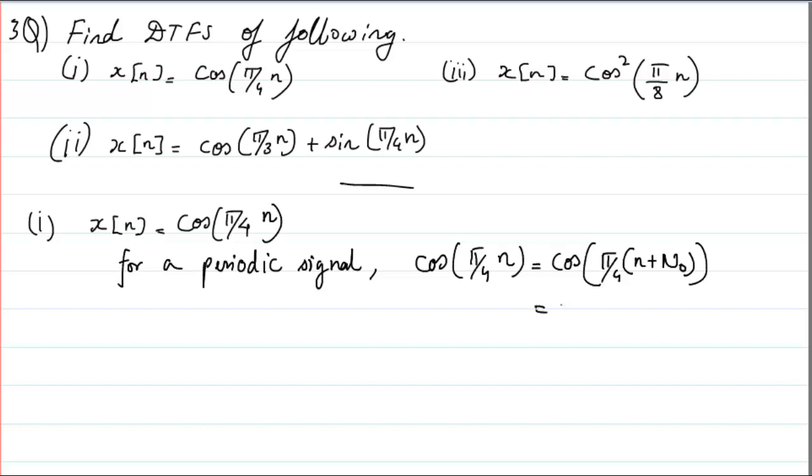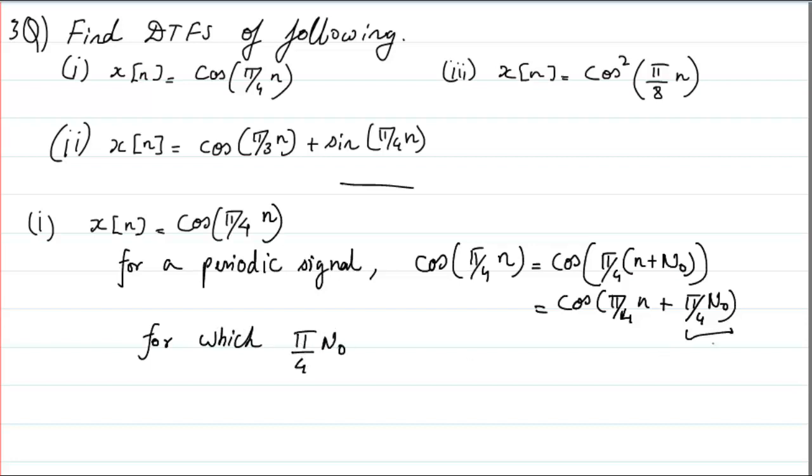Which I can write as cos of pi by 4 n plus pi by 4 capital N naught. And when is a cos signal going to be periodic? For which pi by 4 n naught, this second part, should come out to be 2 pi.